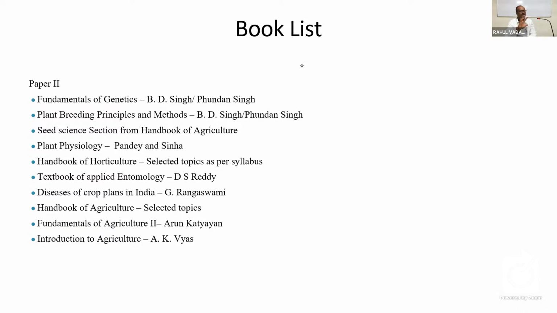The second paper will take at least 1.5 months to read everything, so you can keep 1.5 months for your notes making. So at least 3 months for complete notes along with 2 readings will be required only for paper 2. Paper 1 will generally take less time. So within 2 months you can cover paper 1 along with the notes.